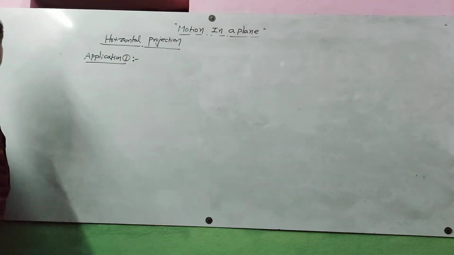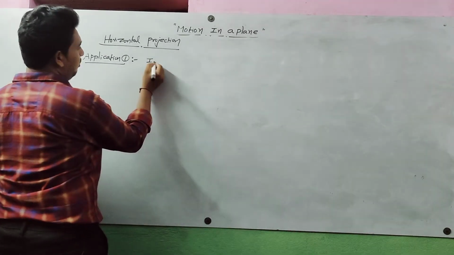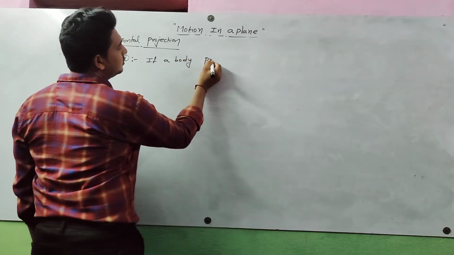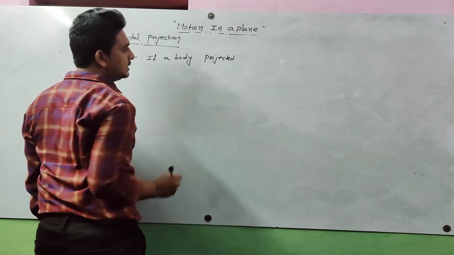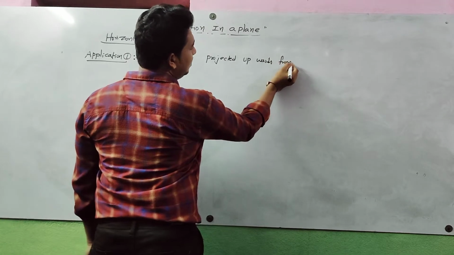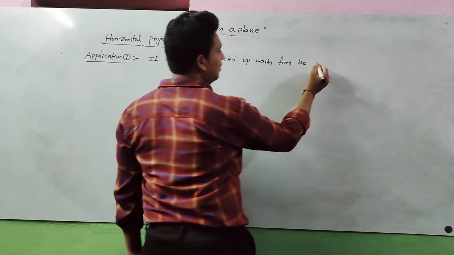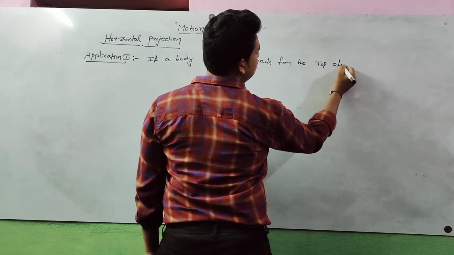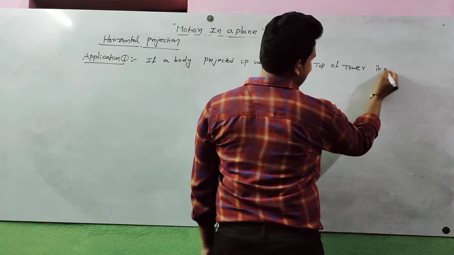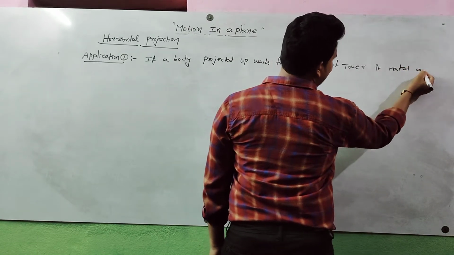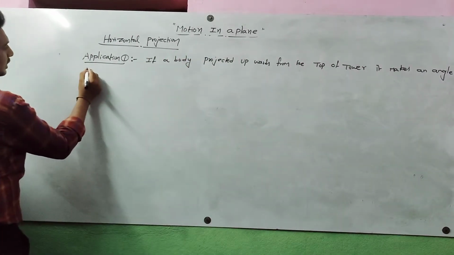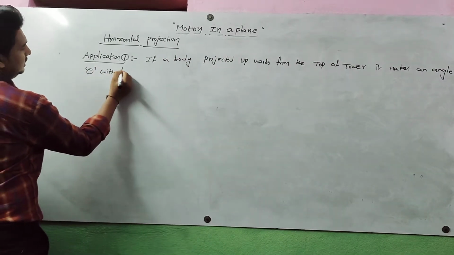First application: if a body is projected upwards from the top of a tower, it makes an angle theta with the horizontal.